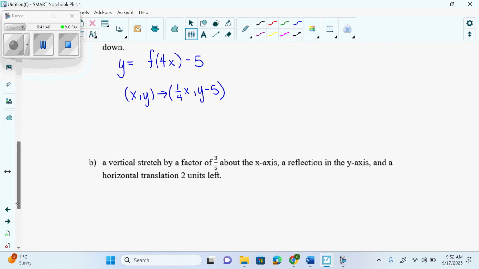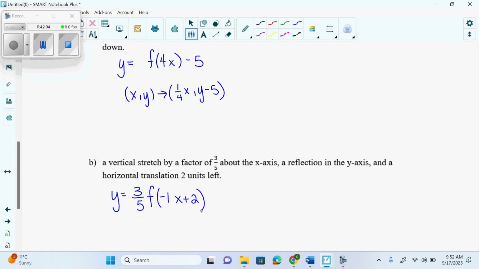B is a vertical stretch by a factor of 3/5. Verticals never change. A reflection in the y-axis, -1. And a horizontal translation to the left. Tell me if I'm right. That would actually be 2 left because I have to take the -1 out.